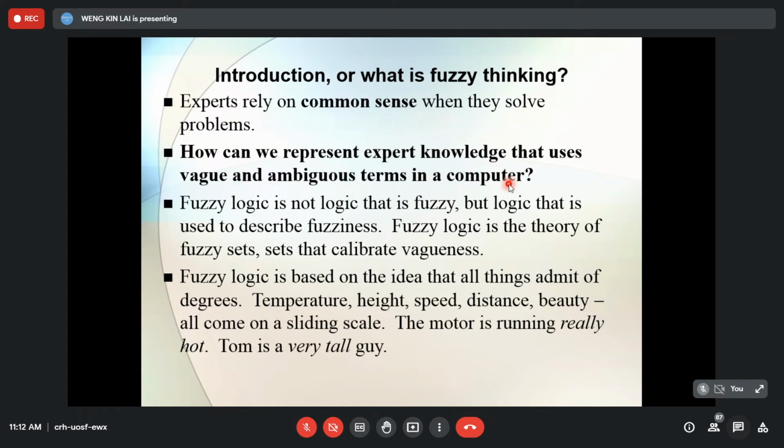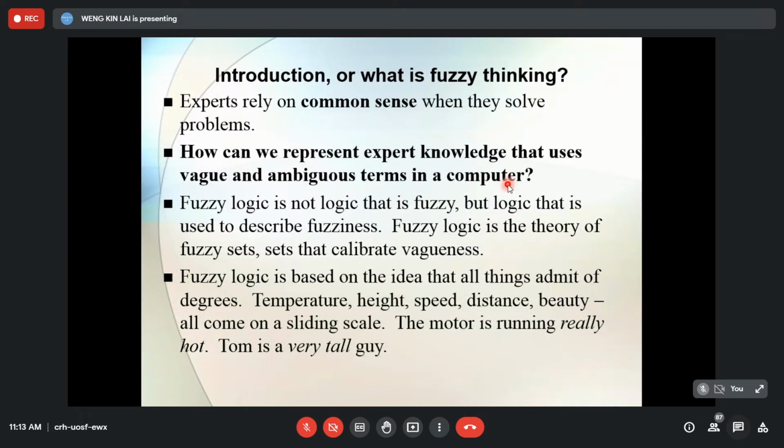Since we just completed the topic on uncertainty management and Bayesian reasoning, you can see that unlike the earlier two methods, now we are trying to represent the expert knowledge not because it is missing, but because it is vague, ambiguous, meaning not very clear, and then use a computer to make some sense out of such vague and ambiguous terms.